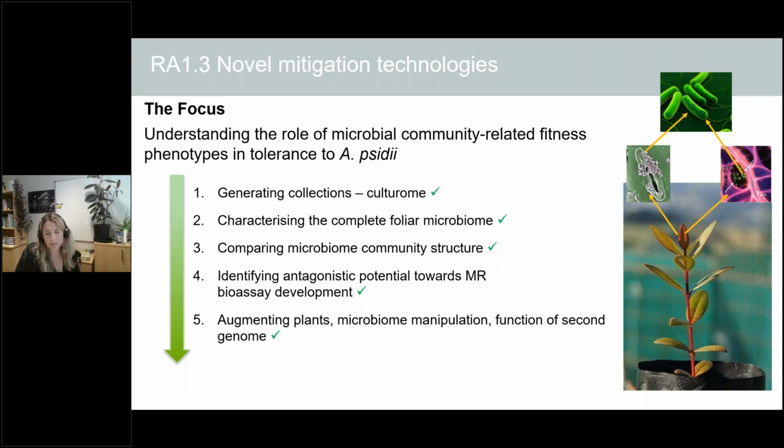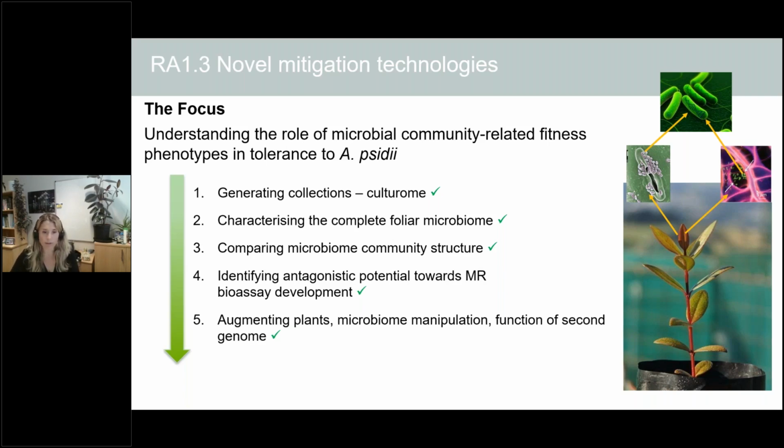We then wanted to compare the microbiome community structure across hosts, across sites, and particularly between new season's growth and last season's growth. And then from the culturome, we wanted to identify any organisms that had potentially antagonistic potential towards myrtle rust. And this involved quite a lot of bioassay development so that we could rapidly get through quite a large number of isolates.